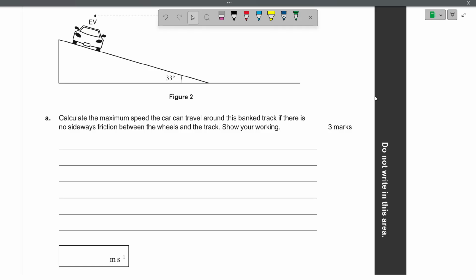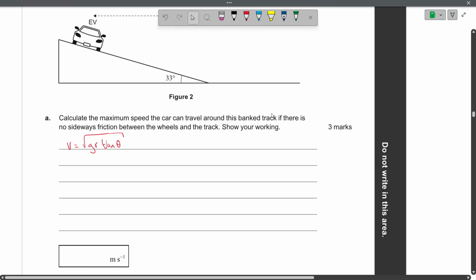So there is a simple formula that you can derive, and you probably have done this in class, where you get a formula that is V equals root G times R times tan theta, where theta is the angle of the banked track and R is the radius of that circular track that you're going around.